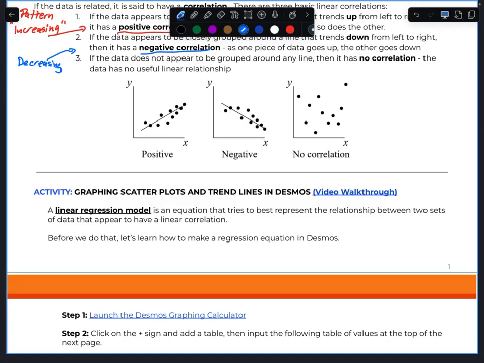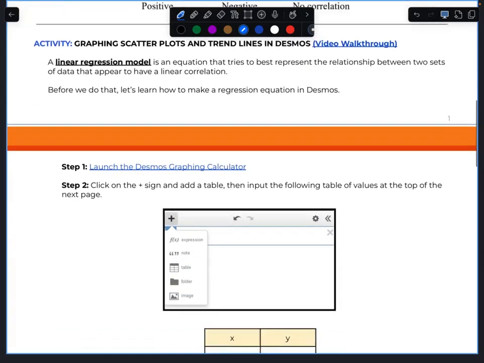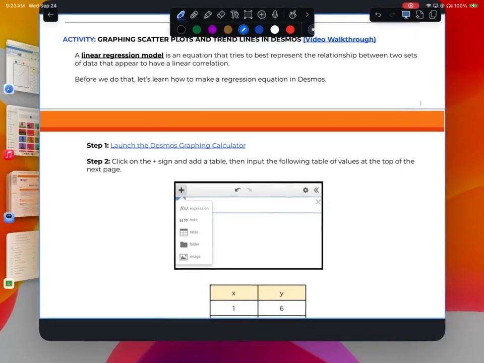So inside your Google Classroom, I've added a secondary link in there for Desmos. So I want you to click that link that is in your Desmos for us.